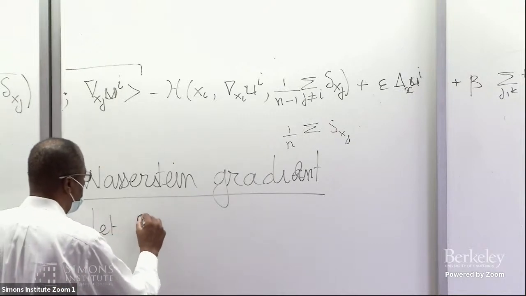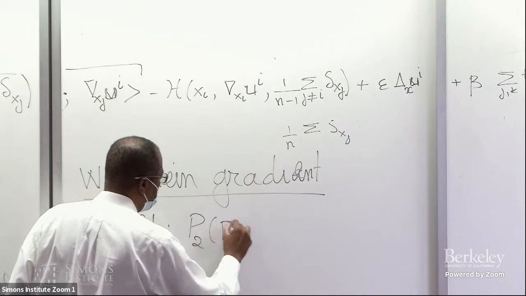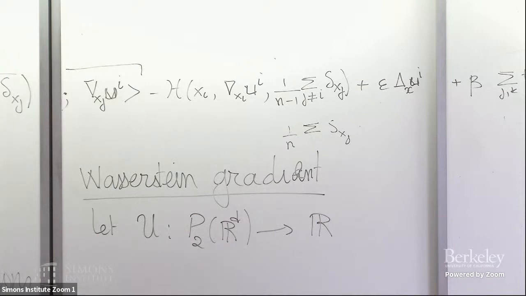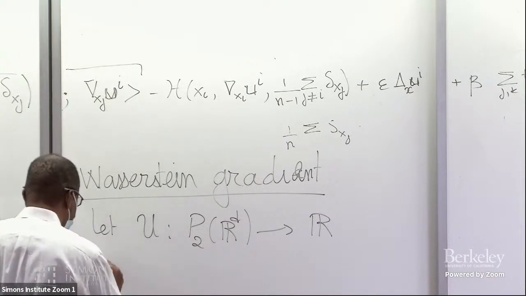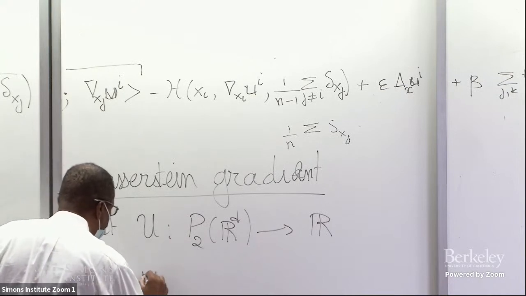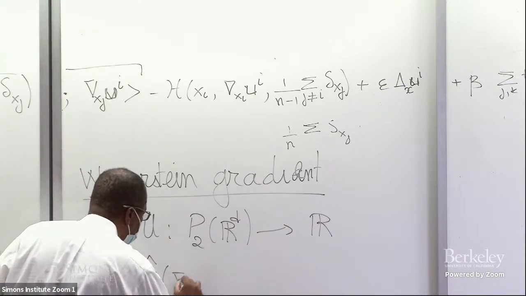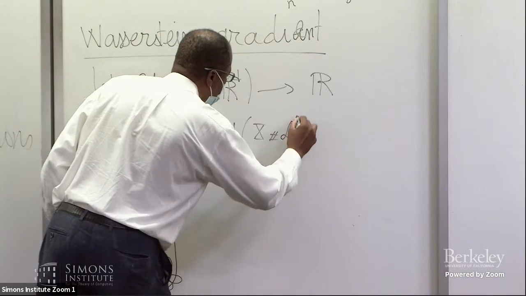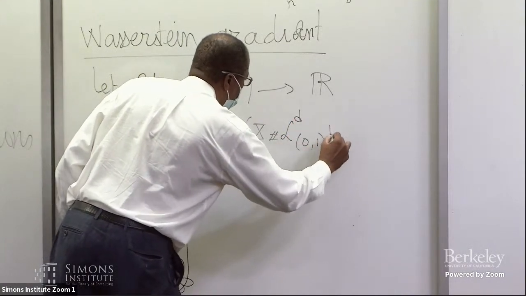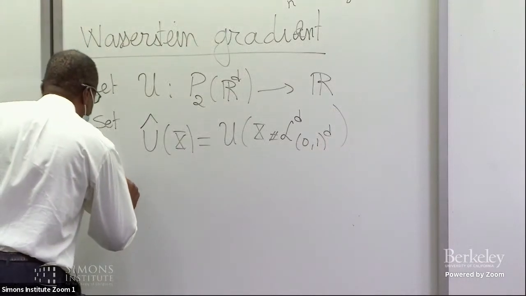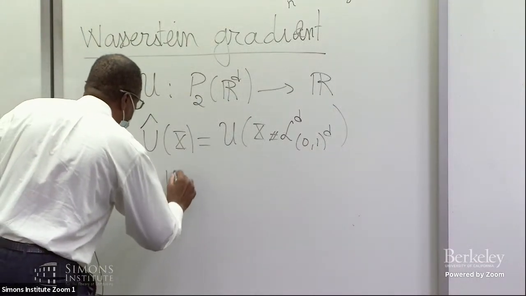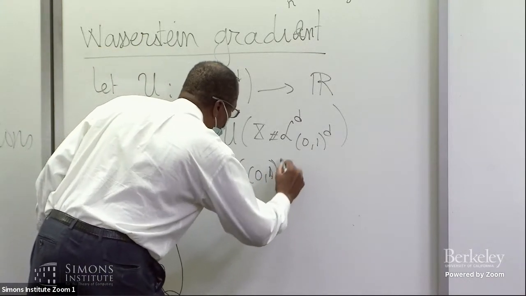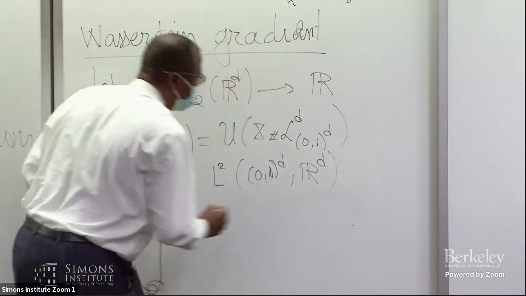So let U from P2 of R^d to R. And I am going to lift it: set U hat of X to be U of X push forward the Lebesgue measure on (0,1), for any X in the Hilbert space, which is the set of square integrable functions from (0,1) to R^d.